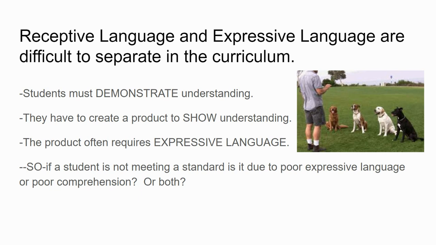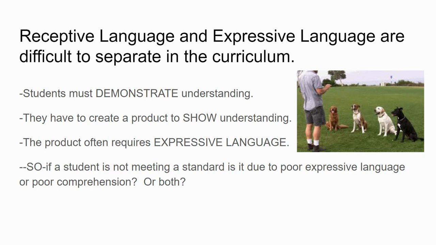So when you're asking a child to complete a standard, or when you're measuring their ability to complete a standard, rarely are you only looking at their understanding or their receptive language. You're looking at both. Did they understand it? And can they create that product using expressive language to show you that they understood it?